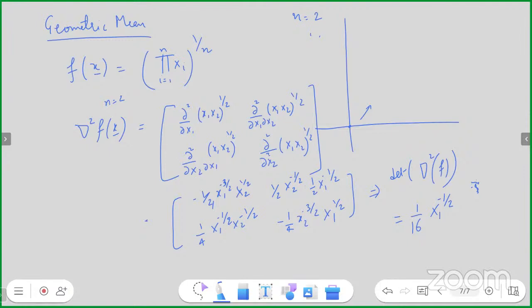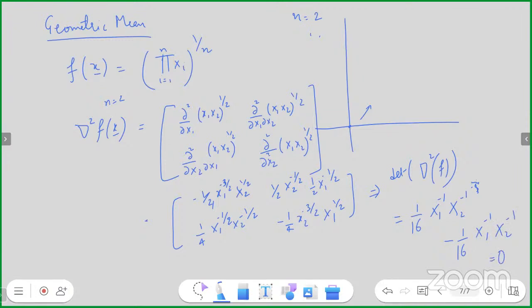This is plus half added to minus 3 by 2, so it's minus 1, and similarly x2 to the power minus 1, and a minus again, 1 by 16. So in fact, this is 0.